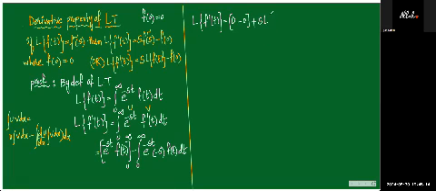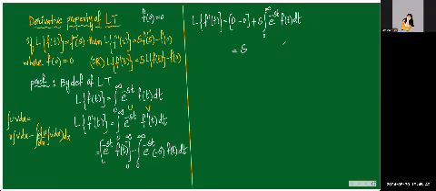What is left here is the integral from 0 to infinity of e power minus st into f of t dt. But what is this value by definition? It is the same, s as it is. By definition, this value is the Laplace of f of t.